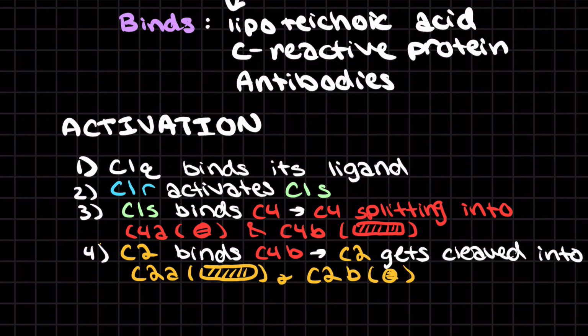And just as we saw in the lectin pathway, C4b and C2a combine to form our C3 convertase.